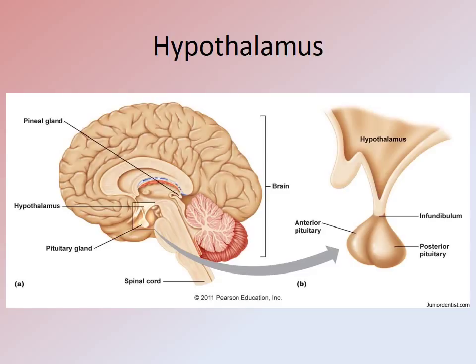So this right here is a beautiful diagram showing you the hypothalamus. Over to the left here, we're looking at the brain, and the hypothalamus is just right here. It's just a small section of the brain, and then hanging down from it, I say hanging, I don't even know if this hangs, but maybe I say that because it looks like testicles, doesn't it?